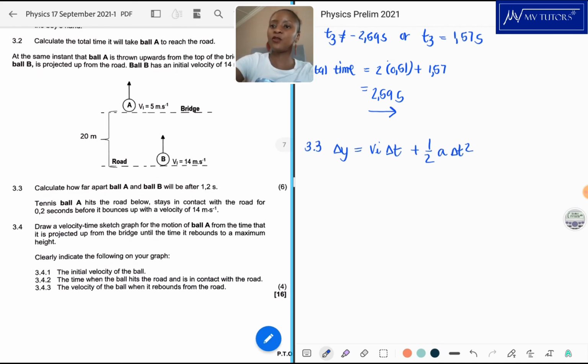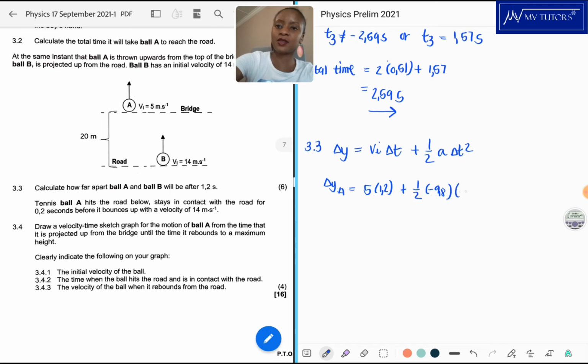Okay, so for A, let's just see how far it is at that point. So we have initial velocity of 5 and 1,2 seconds. So we have a half there. This ball is going upwards, so gravity has to be negative 9,8. And then we have delta t squared, so 1,2 squared.